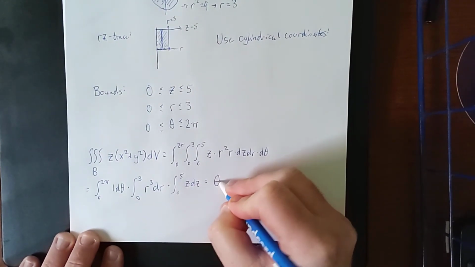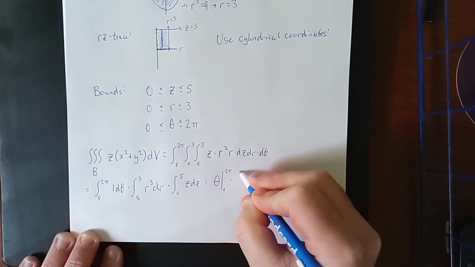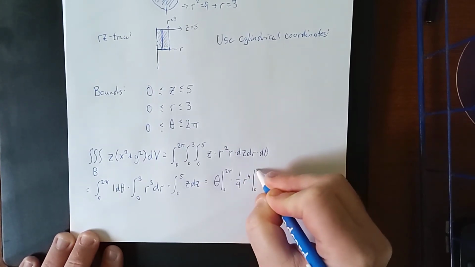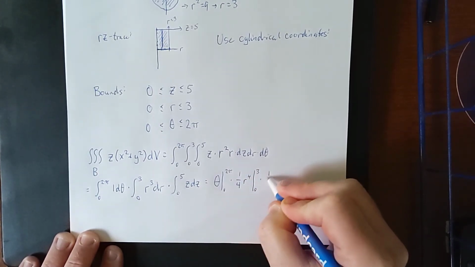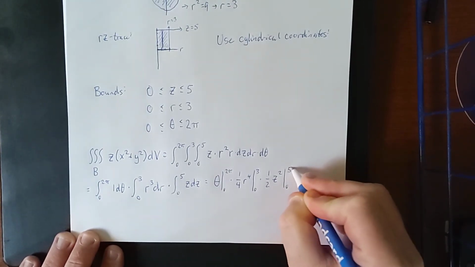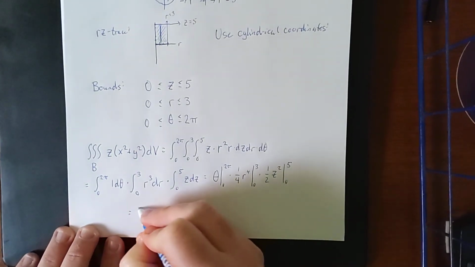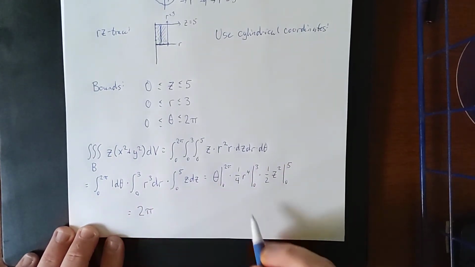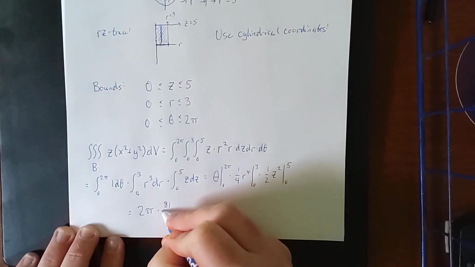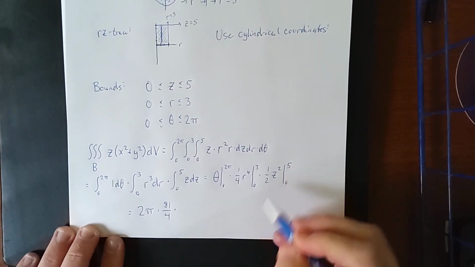So this will be theta going from 0 to 2 pi times 1/4 r to the 4th going from 0 to 3 times 1/2 of z squared going from 0 to 5. This is going to be equal to 2 pi times 1/4 of 3 to the 4th, that's 81 over 4, times 5 squared over 2.